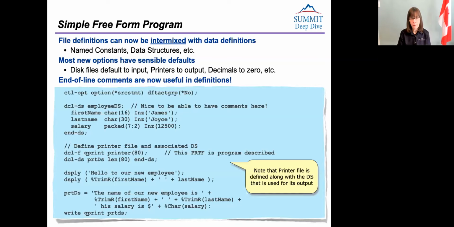You don't have to put 0 in all the time for all of your data definitions. If it has 0 decimals, you can just put the actual length without the decimals specified at all. And of course, the end of line comments with the 2 slashes are also quite useful. Doesn't take up as much space as putting all of your comments on a completely separate line.